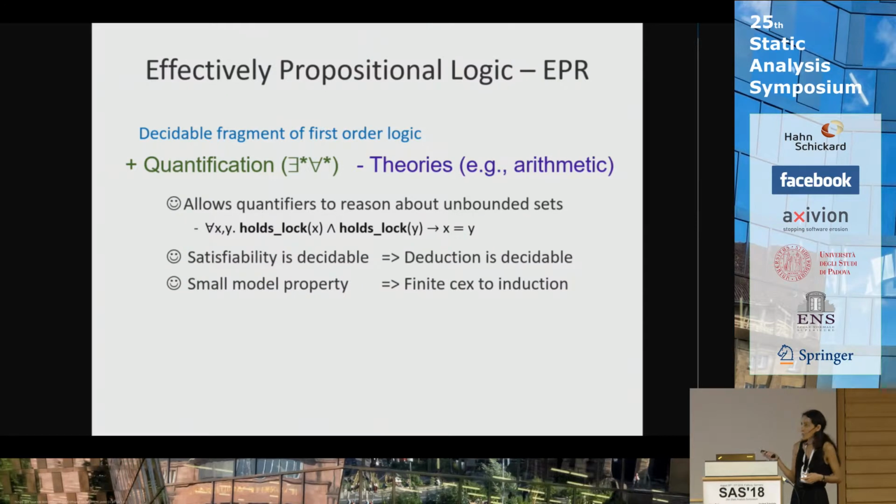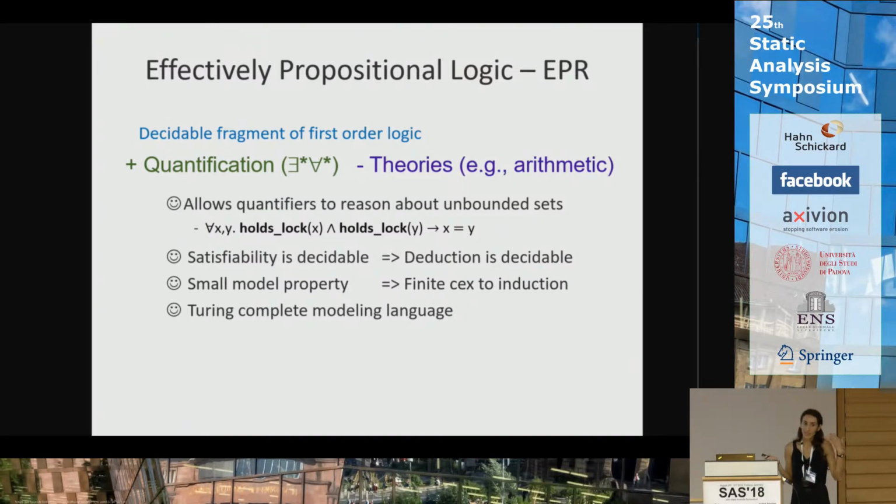And this property will mean that we will get a finite counterexample to induction. We will have a finite example explaining to us why the invariant is not inductive. Okay, so these were the nice things about EPR. It gives us this decidability and finite model property.